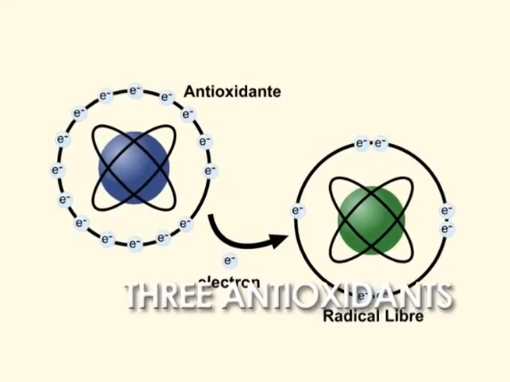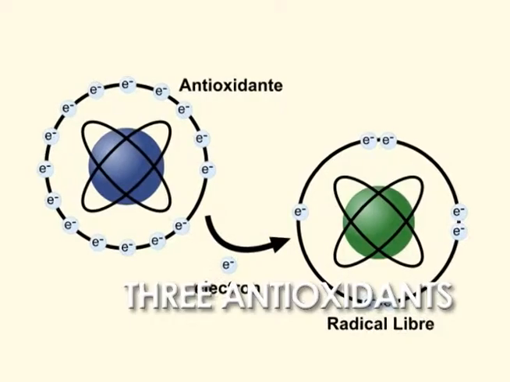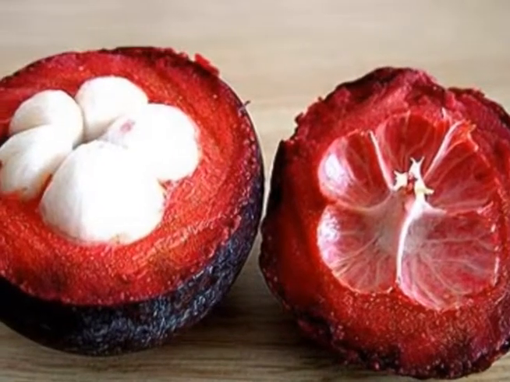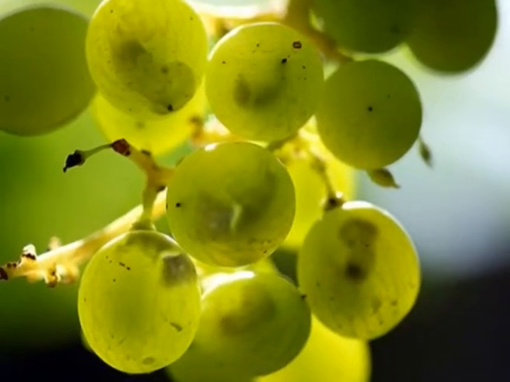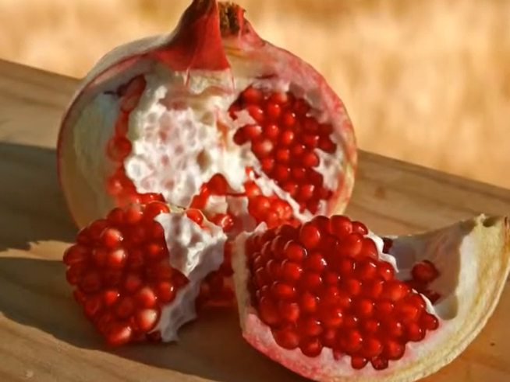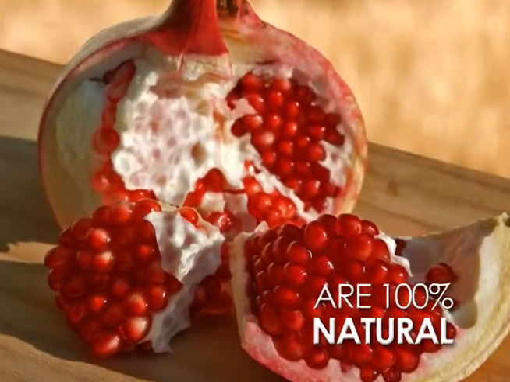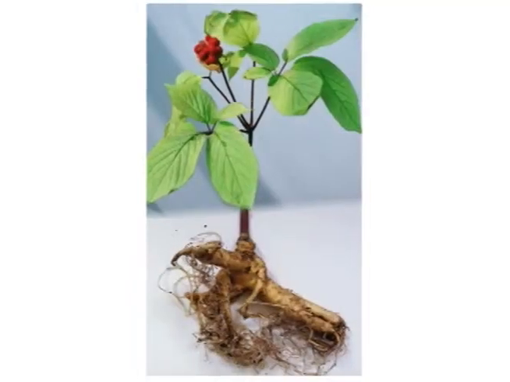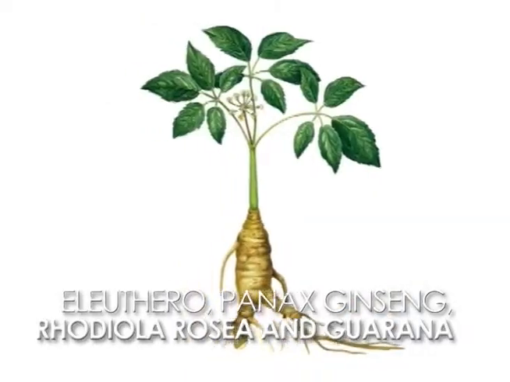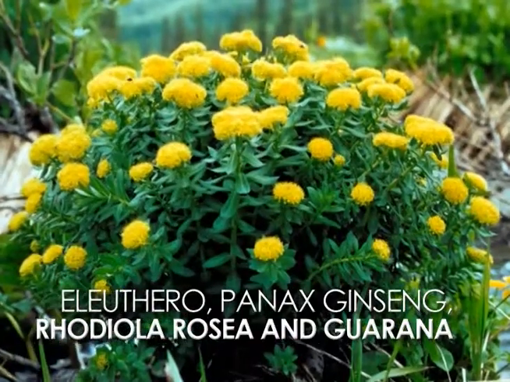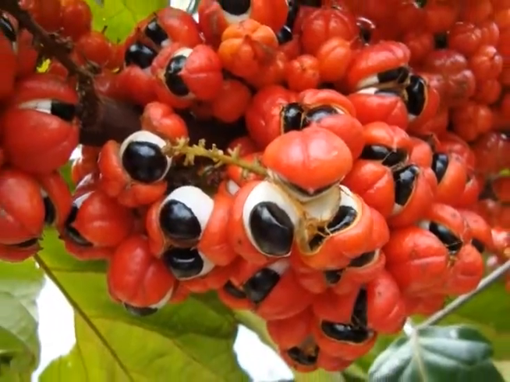3 antioxidants that protect cells from oxidation and aging. Catechins from mangosteen, grape seed extract, and pomegranate. 4 energizing and 100% natural stimulants such as eleuthero, panax ginseng, rhodiola rosea, and guarana.